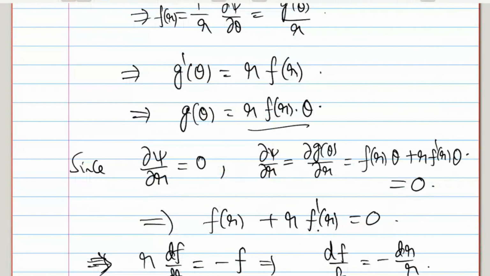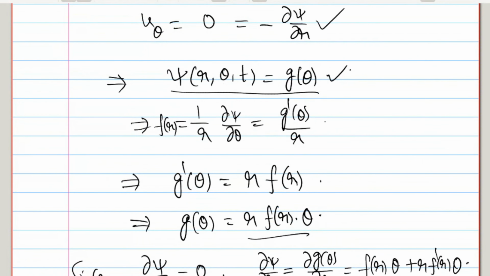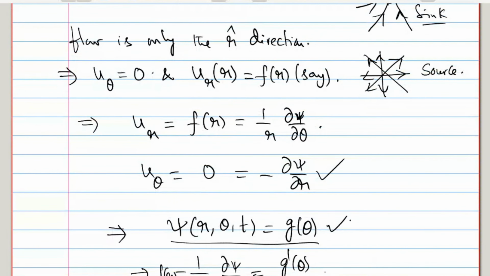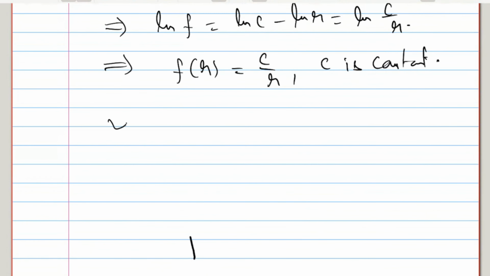So if you substitute there, psi of r theta is what? Psi of r comma theta is theta into c. It doesn't depend on r, right? This is theta into c, constant. So you see that for both components you don't get any r.